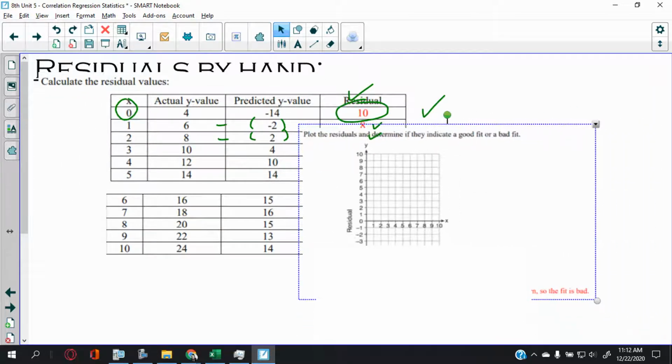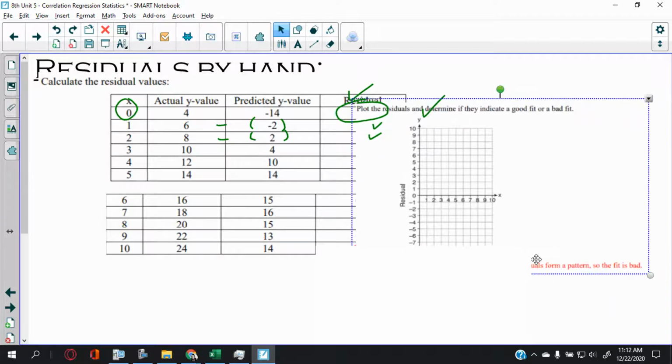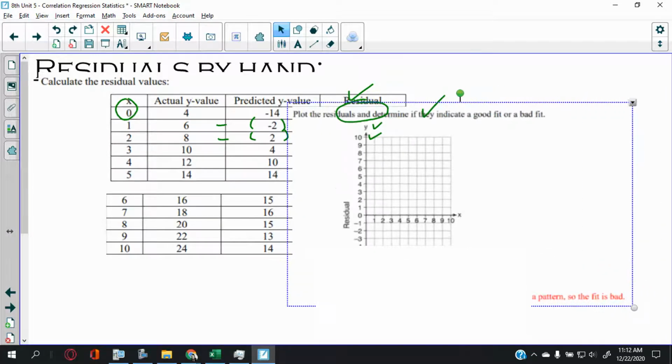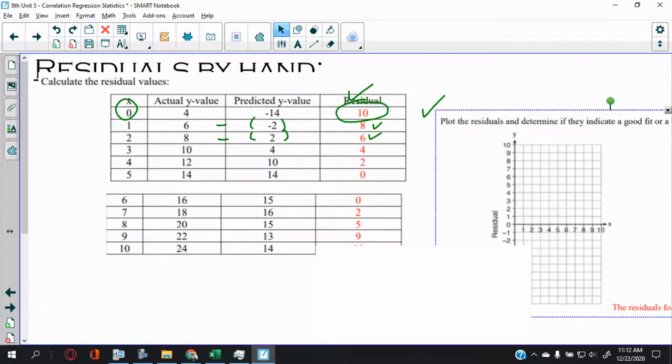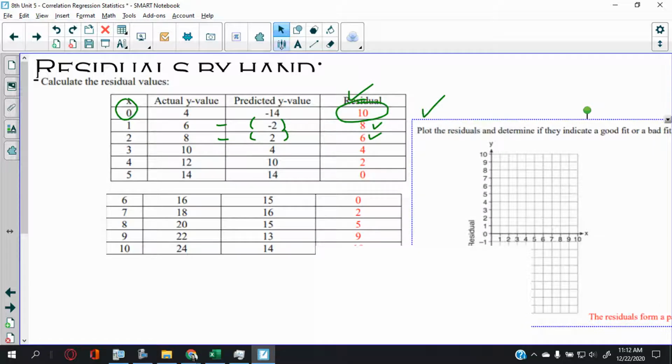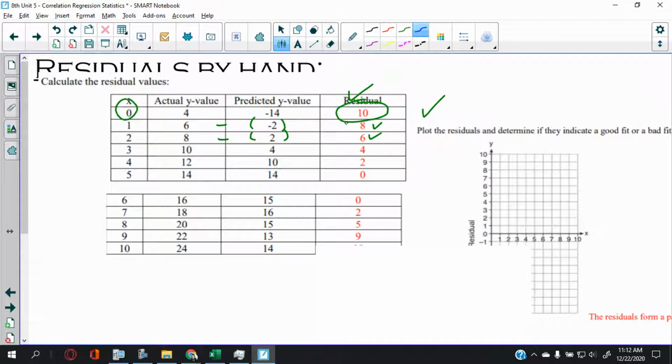Oops, the answer's right there. That's not good. All right, it's okay. Let's use a different color. So 0 is 10, and then 1 is 8. I'll do this real quick. 2 is 6.